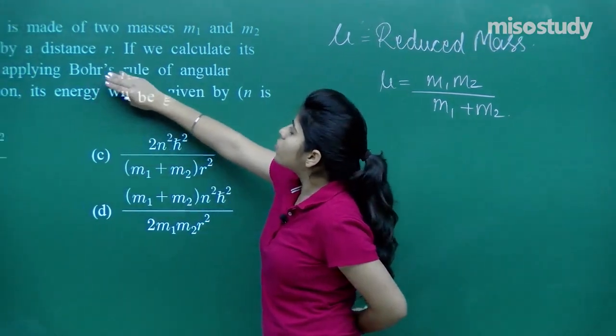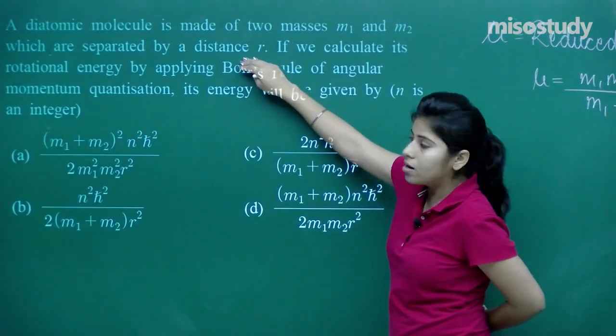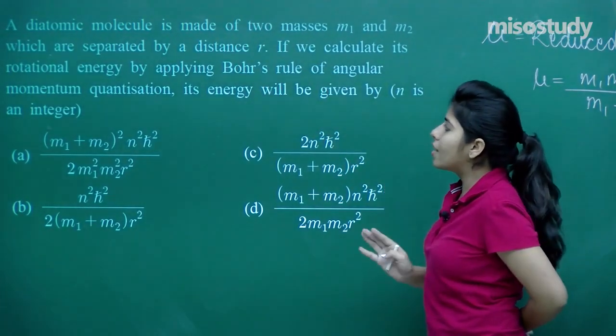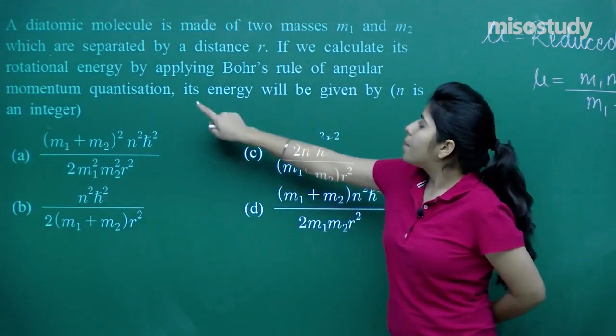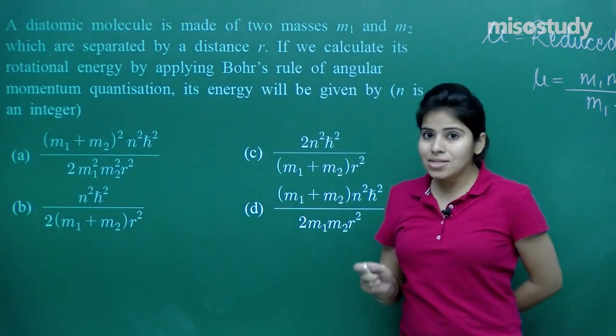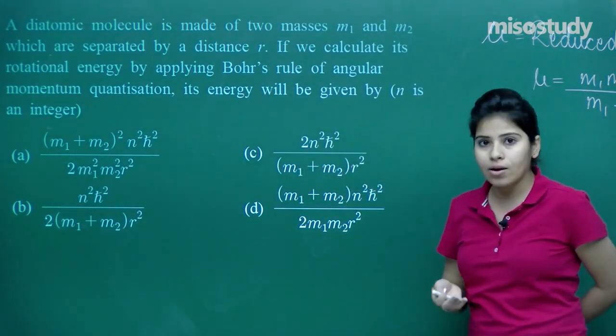And we have to calculate, okay, these masses are separated by a distance r. If we calculate its rotational energy by applying Bohr's rule of angular momentum quantization, its energy will be given by what?